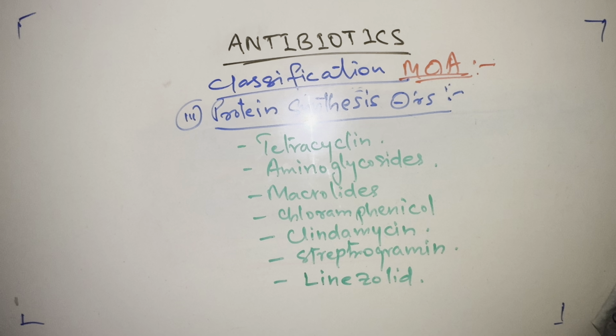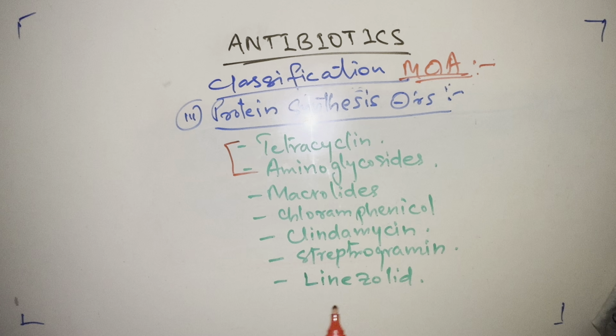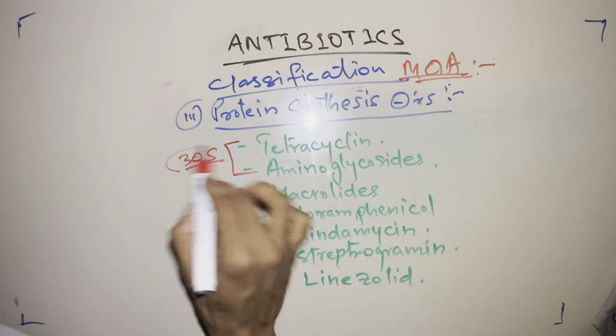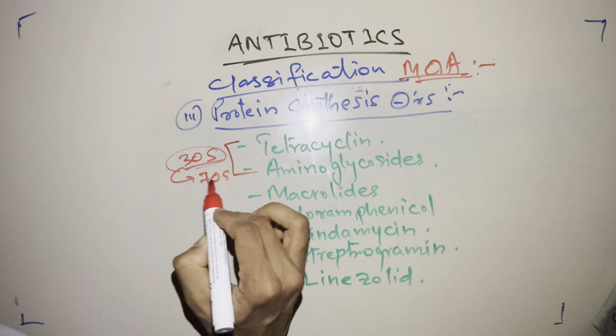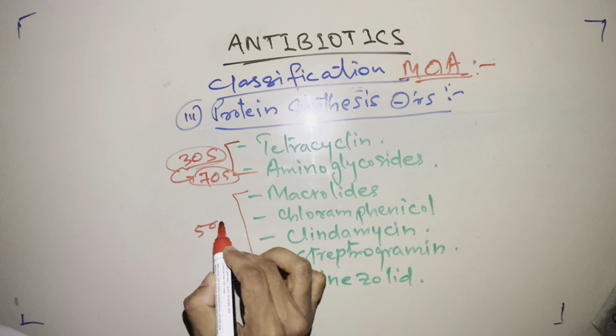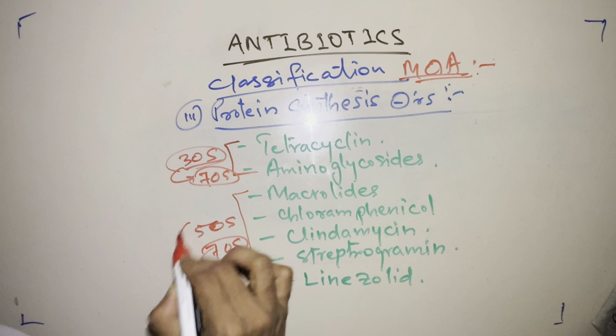Now the most important point to remember is that the first ones, tetracycline and aminoglycosides, will bind to the 30S subunit of the 70S ribosome, and all the remaining will bind to the 50S subunit of the 70S ribosome.